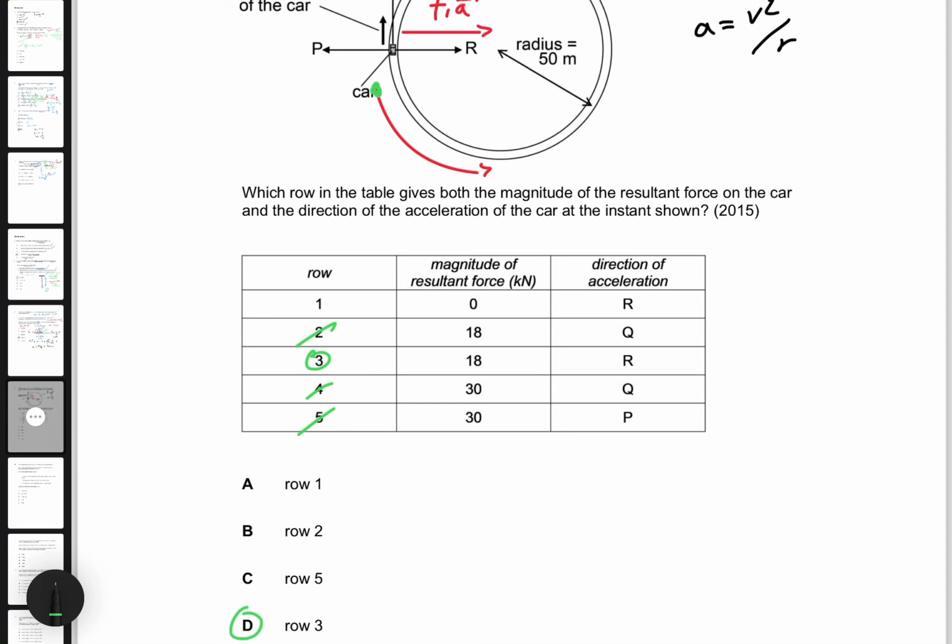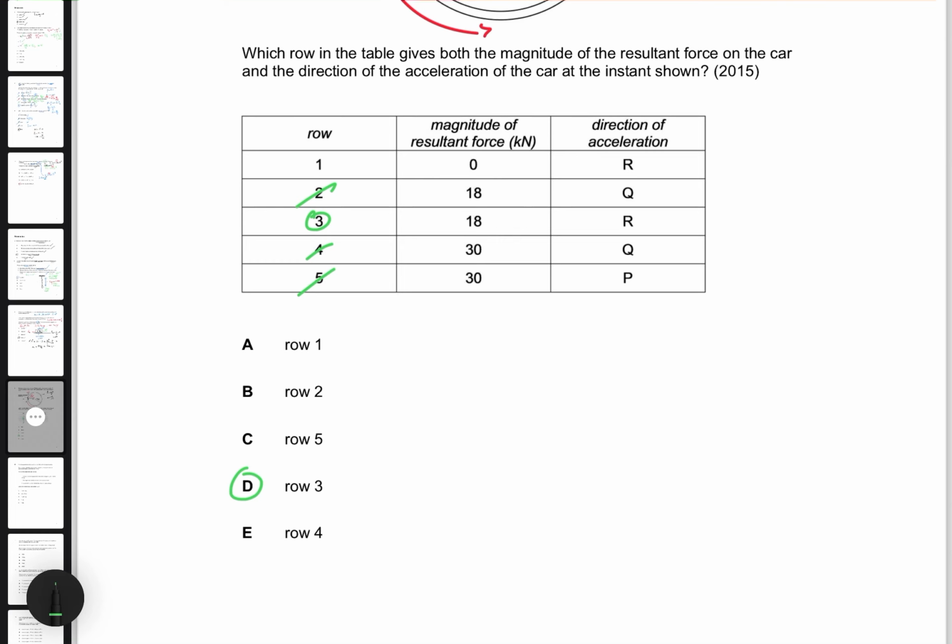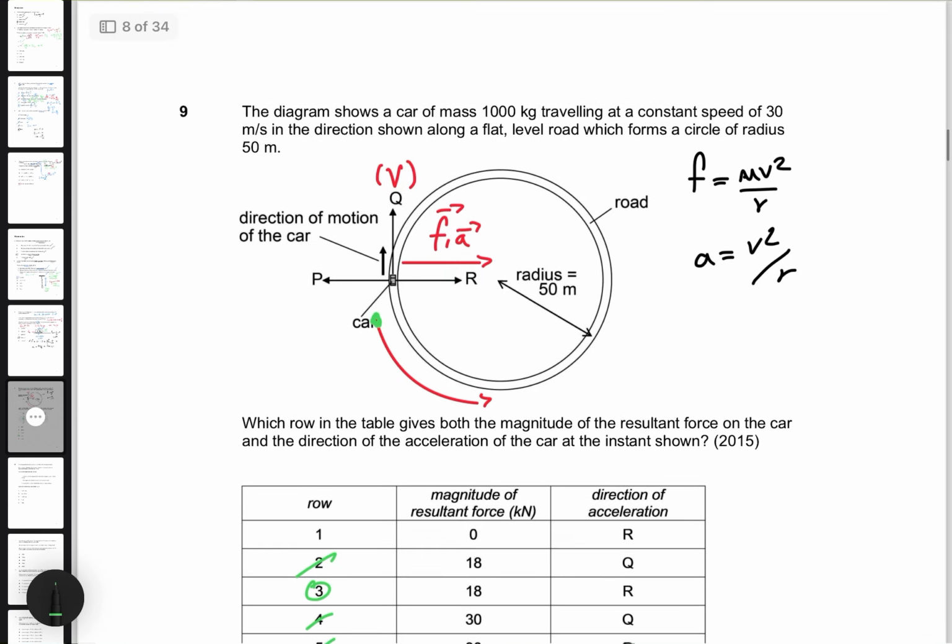But if you need to solve the question, you can do that as well. If you just want to answer it, you know the answer is row 3, where you have force and the direction is in R. But if you want to find the exact magnitude, the force is going to be the mass of the car, which is 1,000, multiplied by 30 meters per second to the power of 2, divided by the radius of the circle, which is 50.